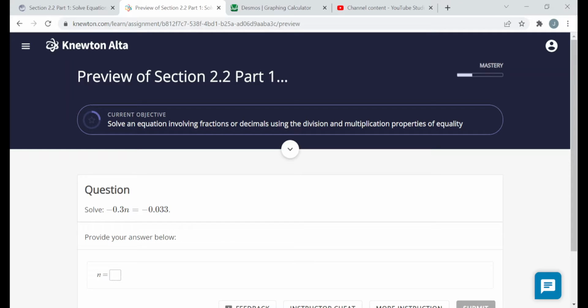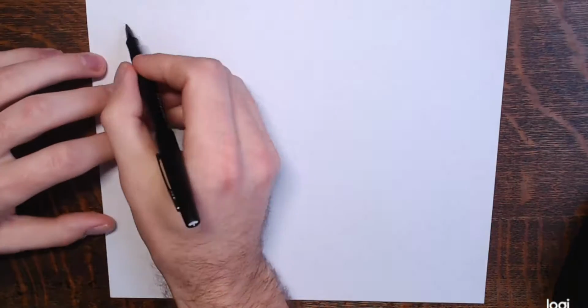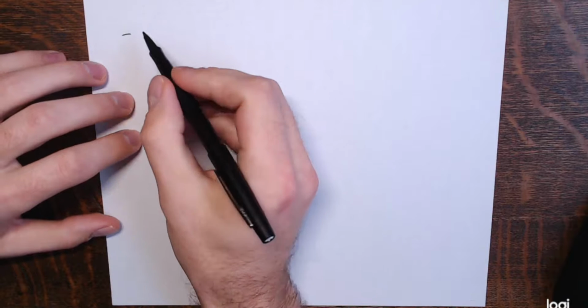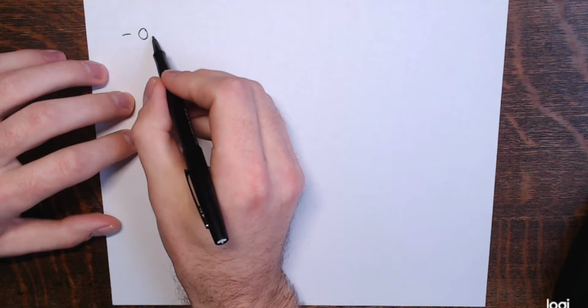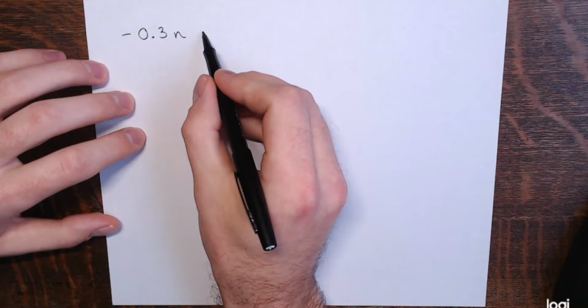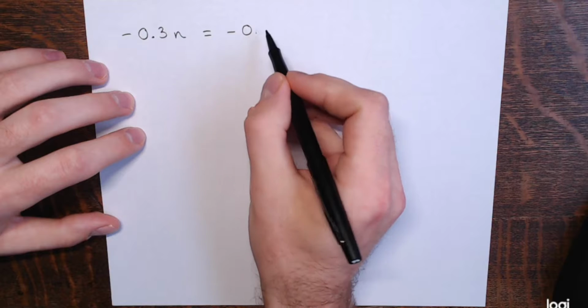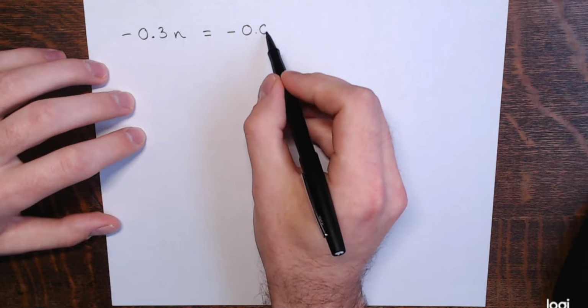So let me show you. All right, so here, I'll write this equation out. We got negative 0.3 times n equals negative 0.033.